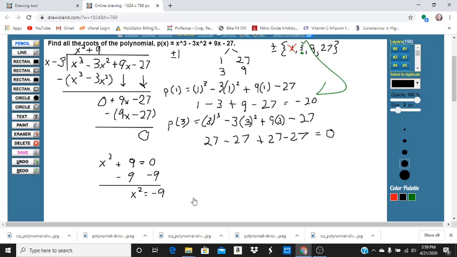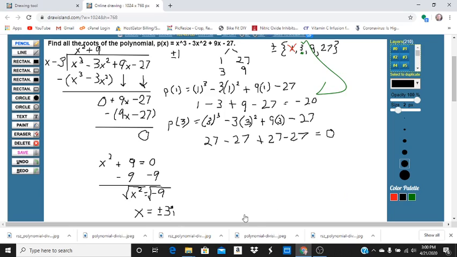To solve for x, we have to take the square root of both sides. We're taking the square root of a negative number, and we have to do the positive and the negative. So x equals plus or minus 3i.